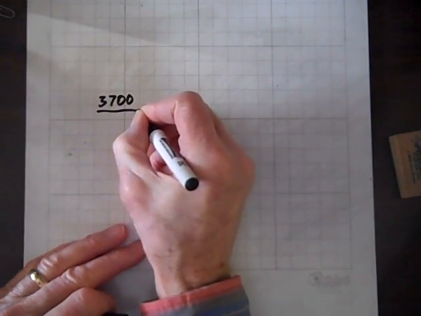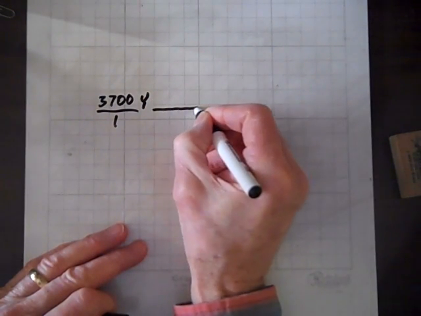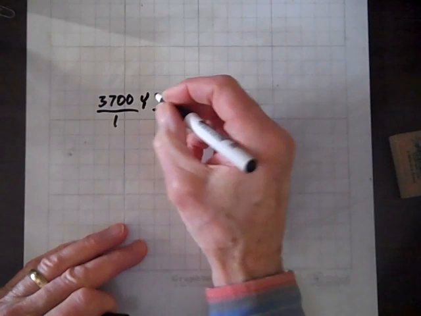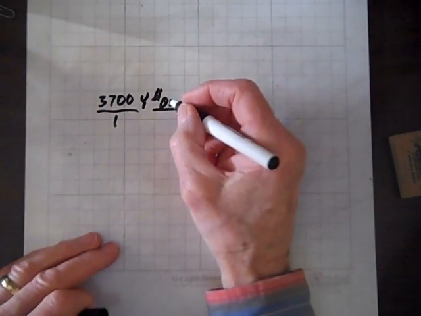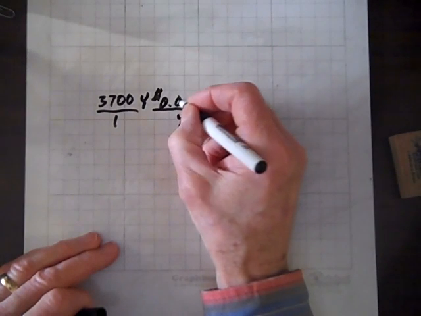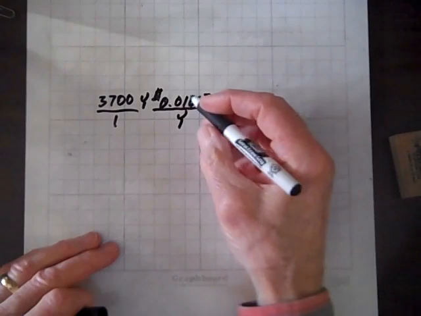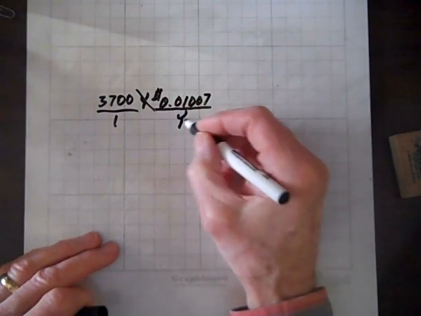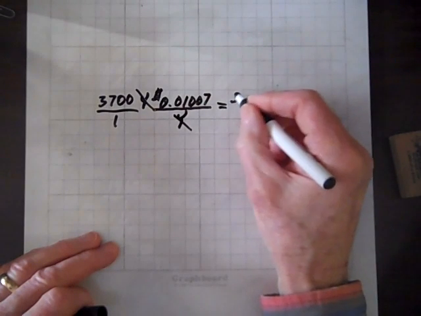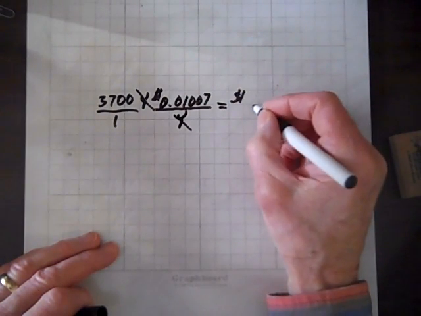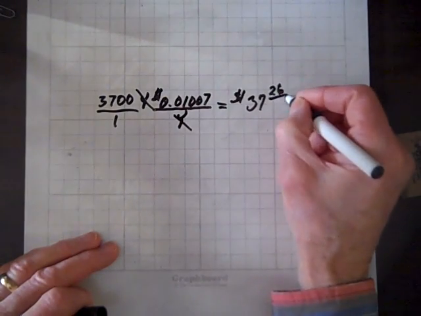We've got 3,700 yen, and there are 0.01007 dollars per yen. The yens divide out, and when we find this product, we will have $37.26.